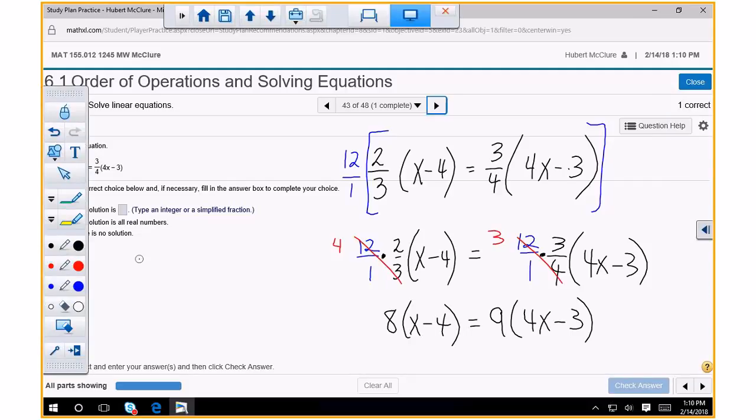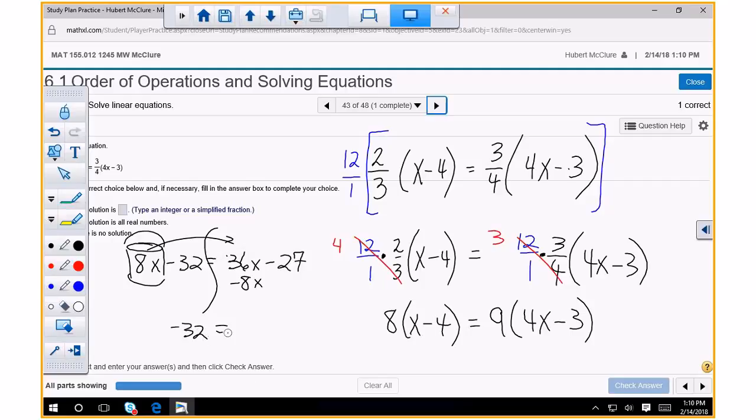Eight x minus 32 equals 36x minus what? 27? Which one's the smallest bucket? 8x. So I'm going to move it over. Minus 8x. That's negative 32 is equal to, what's 36 minus 8? 28x minus 27.